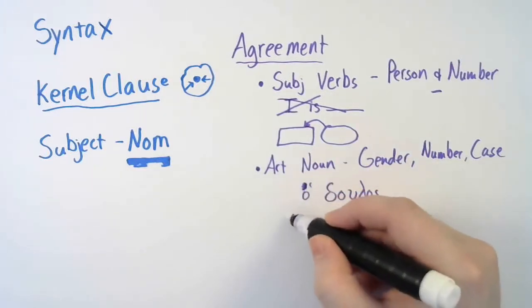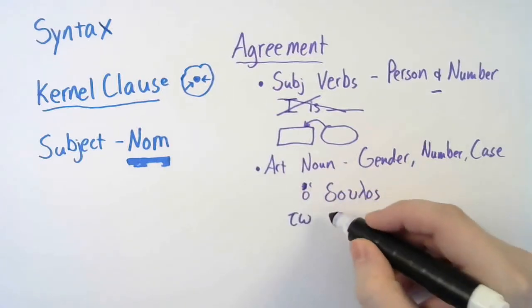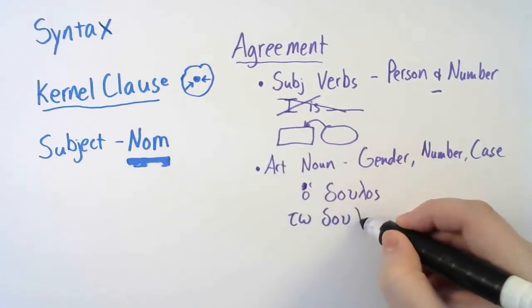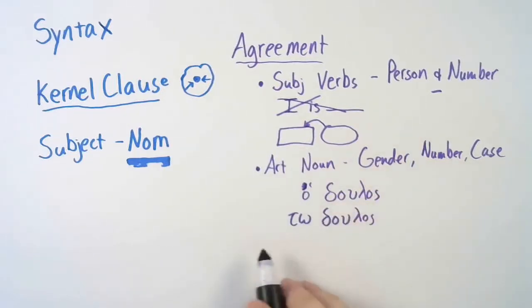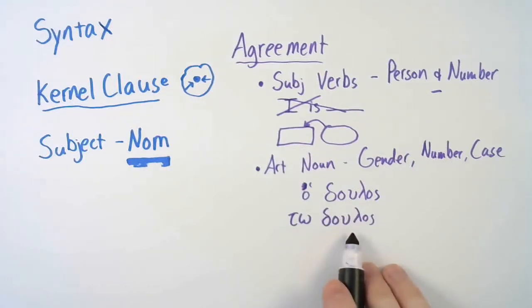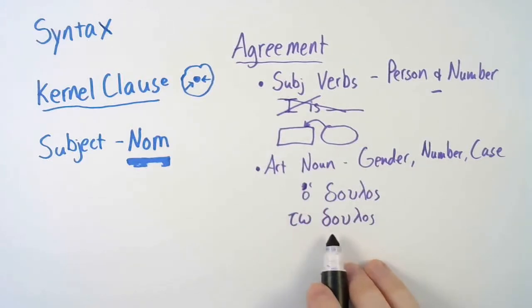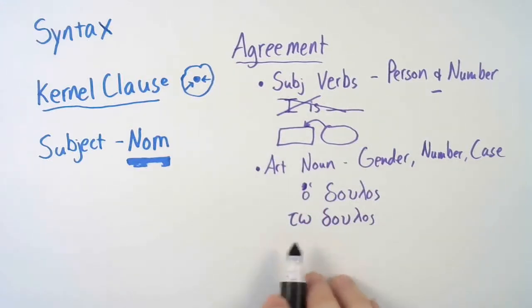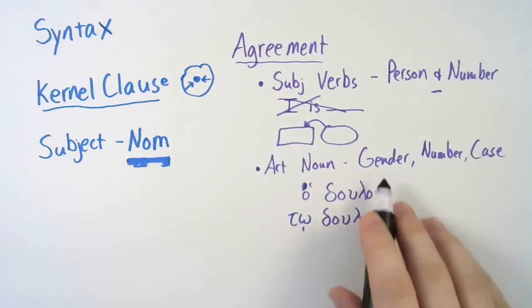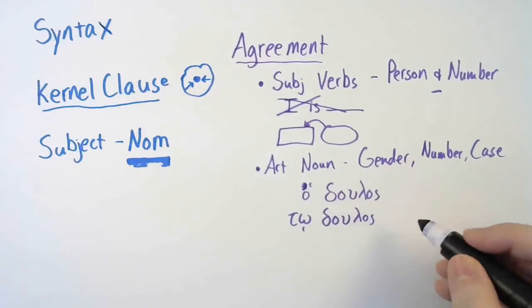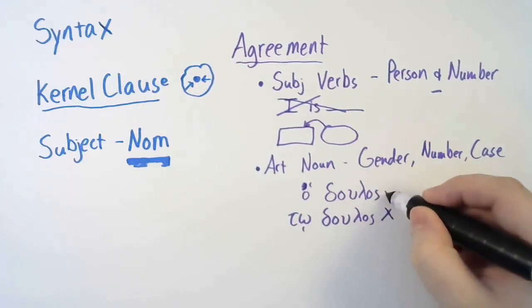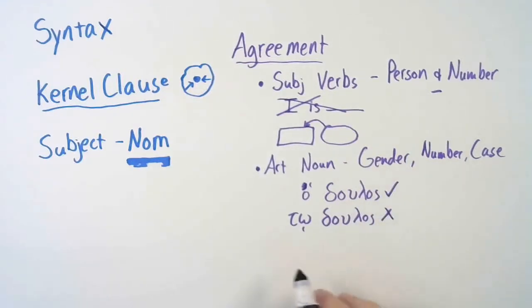I can't say tou doulos, or if you see this, you know this article can't be modifying this word because they don't have the same gender, number, and case. Actually, they do have the same gender and number, but they don't have the same case, so they don't agree, and they can't be modifying this doulos.